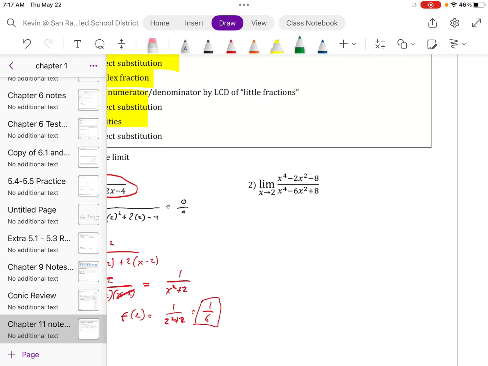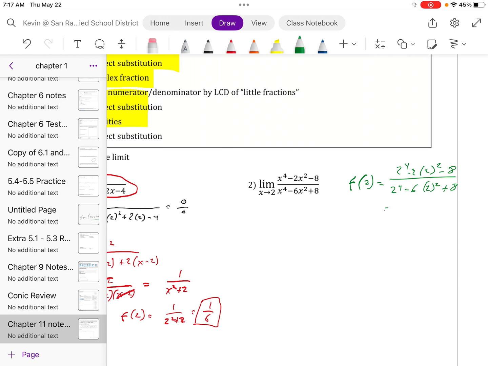Okay, so same thing again here. I'm just going to, for brevity's sake, do direct substitution first, just in case. 2 to the 4th, 2 to the 4th, 6, 2 squared plus 8.